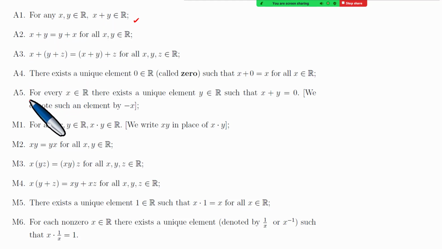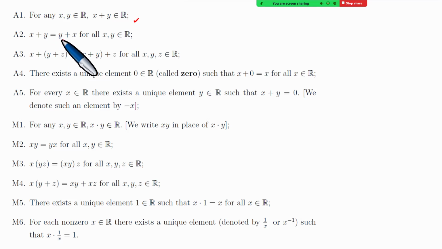So the first 5 axioms hinge on the operation of addition, and a field is closed under both operations of addition and multiplication. Also, if you look at the third axiom, you have associativity: x plus y plus z would be x plus y plus z for all x, y, z in R.